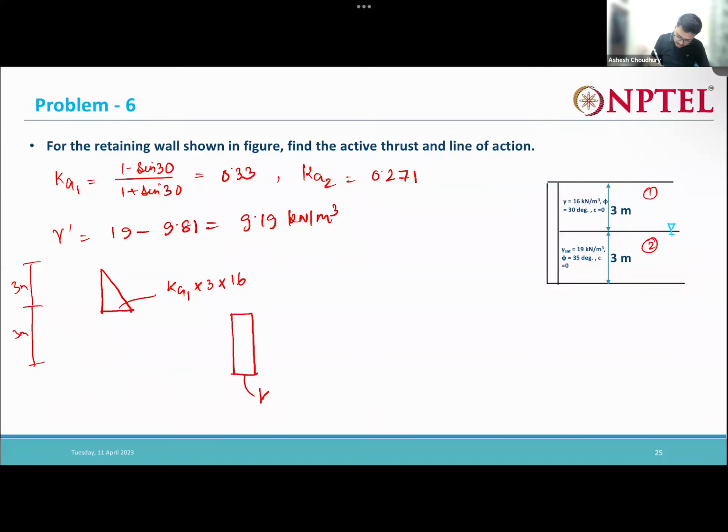This will be K2 into 3 into 16, and then again we will have another variation with this.